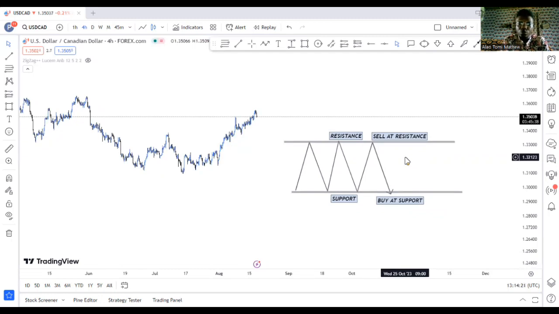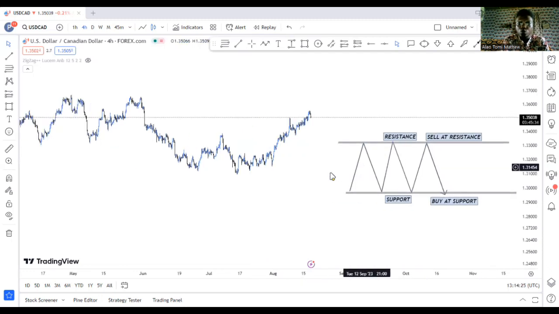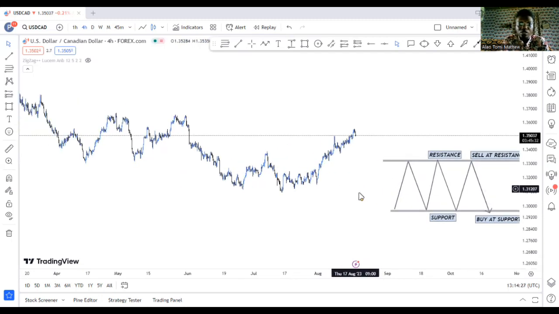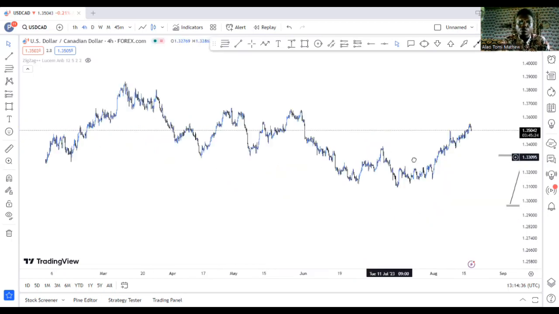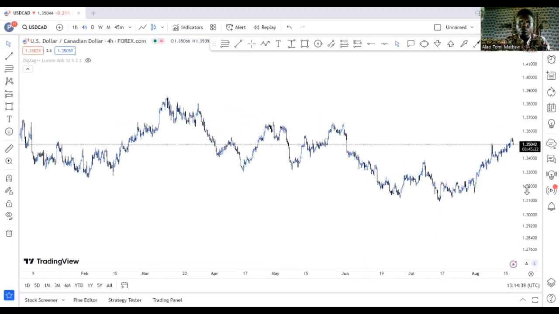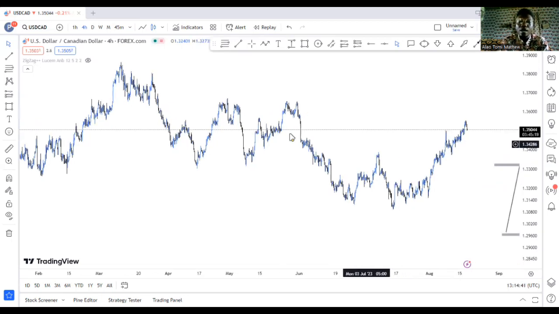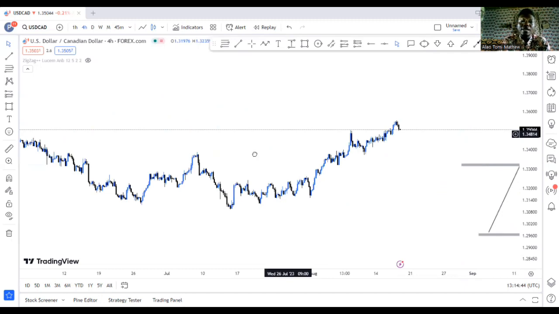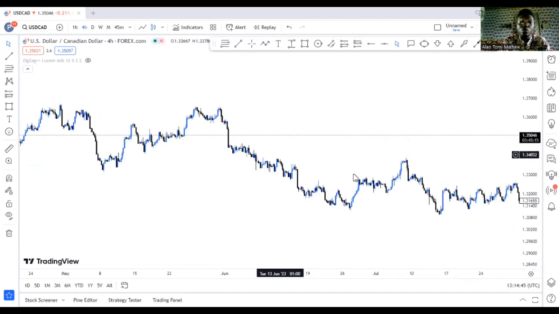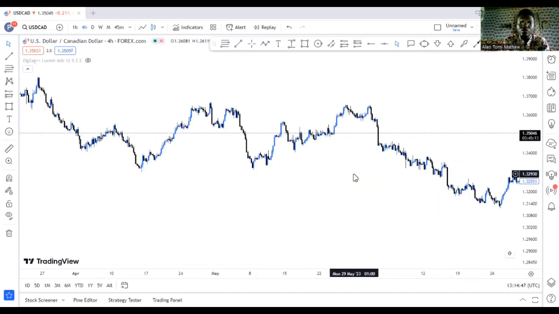And now, as I have shown you here, I'm going to move to the live charts to also show you how to plot these levels. You need to train your eye on how to identify these levels. Switching to this chart, you want to train your eye to be able to identify your support zone and your resistance zone.